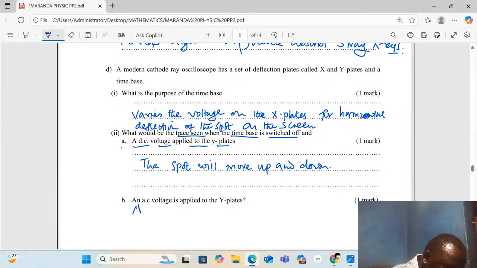So a vertical line will be seen on the screen.